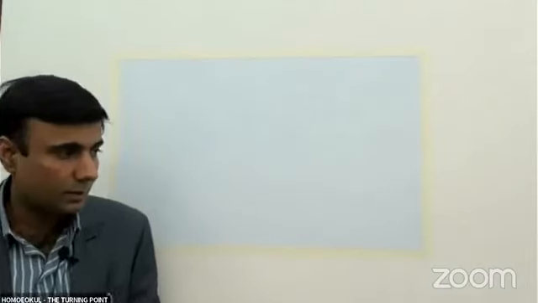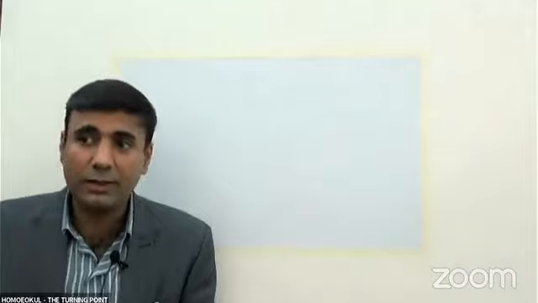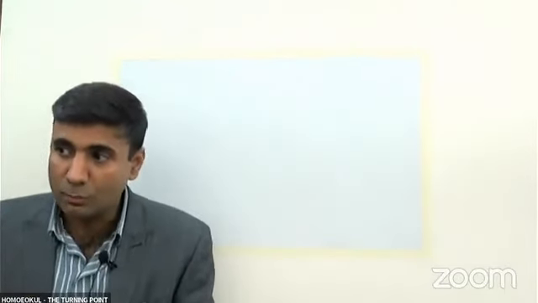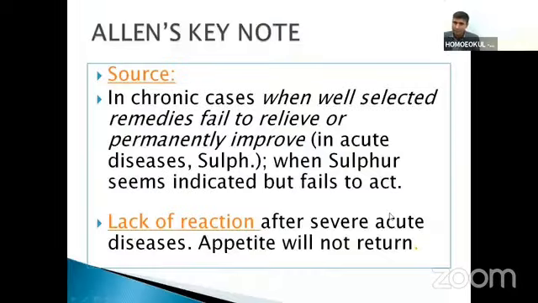So here in this reference you will get 2 more medicines. One is Calcarea Phos and next one is China. Okay. Now open Calcarea Phos from Allen's Keynote and just see relationship.